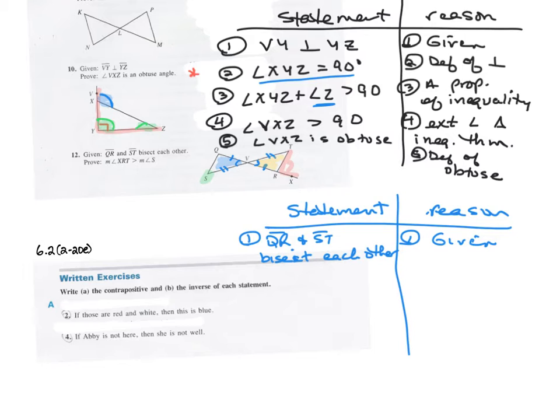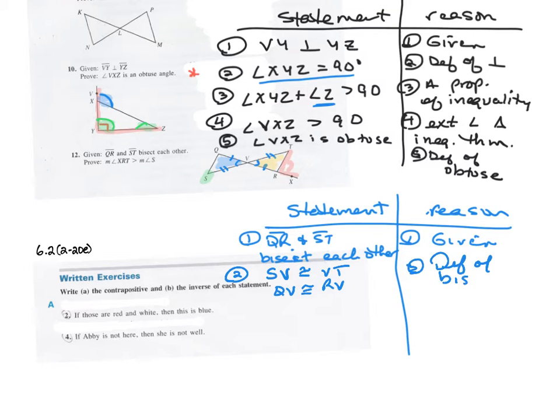So if you wanted to use the given, let's do that first. Let's state what a bisector does. Let me state that SV is congruent to VT, and QV is congruent to RV. And this is definition of a bisector.